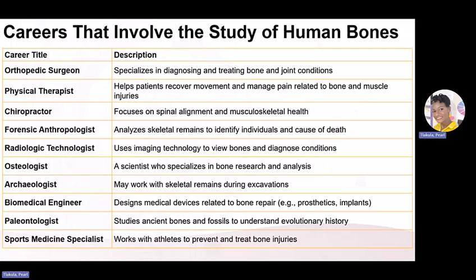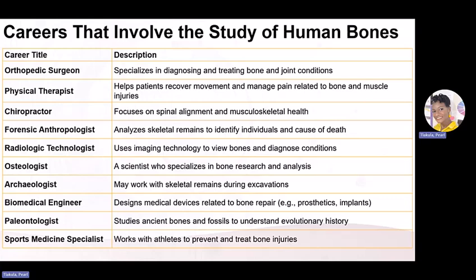The first one is called orthopedic surgery. This specializes in diagnosing and treating bone and joint conditions. We also have a career in physical therapist, which helps patients recover movement and manage pain related to bone and muscle injuries.